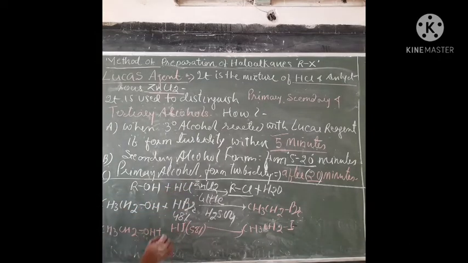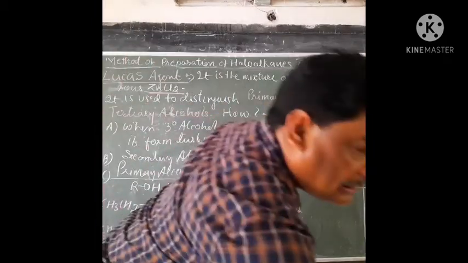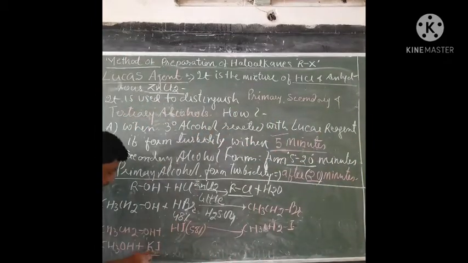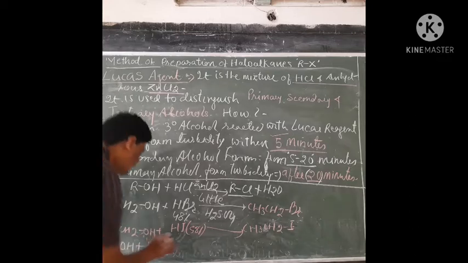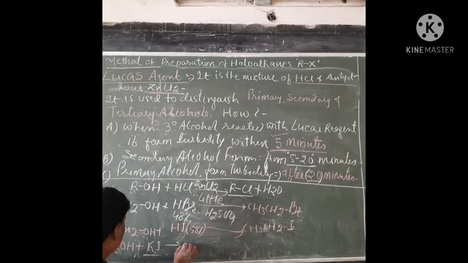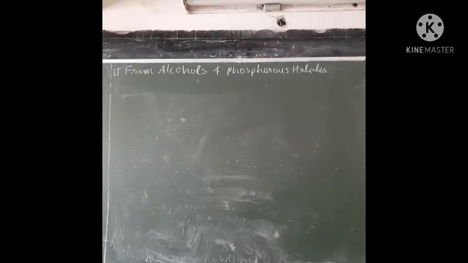Student, we can also prepare iodoalkane using CH3OH plus KI. That is, we can also use here what? Potassium iodide. Okay. Here it forms CH3I.